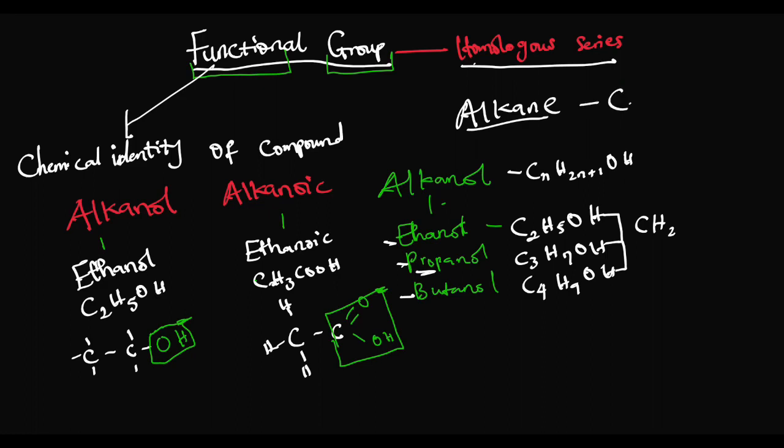And what's the general formula? CnH2n plus 1H, or I like writing it this way, CnH2n plus 2. So as we go along the course, you will notice that it's actually this that is changing. This changes to OH. Do you get that? So please take note of that.